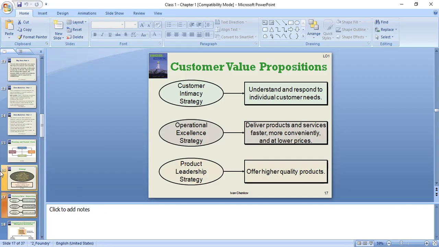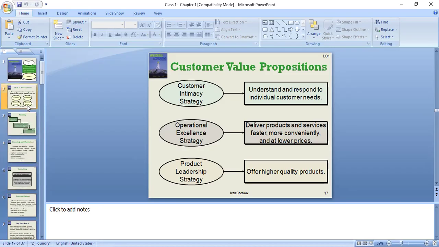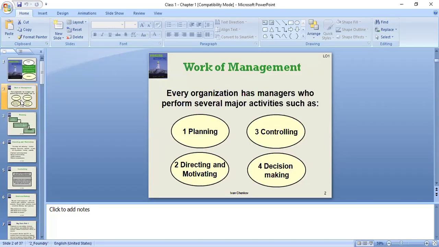For that reason, the first thing that comes in managerial accounting, if you still remember, is that every manager, including yourself, has to do some activities. Which are those activities? We have to start with planning. We have directing and motivating. We have controlling. We have decision making. Why do we need those?